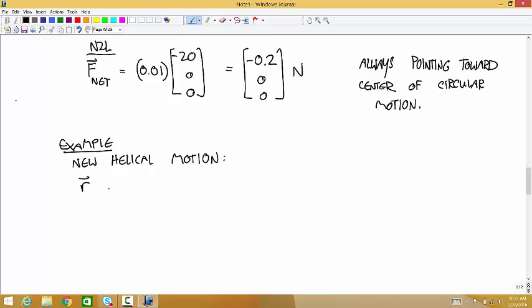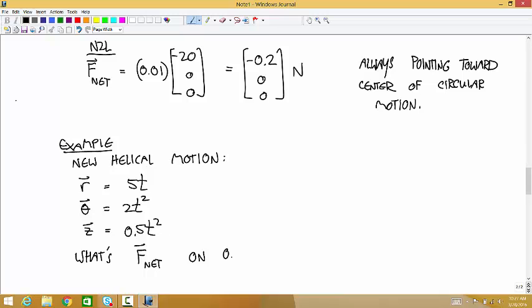This time r is equal to 5t, theta is equal to 2t squared, and z is equal to 0.5t squared. What's F net on that same particle as a function of time?